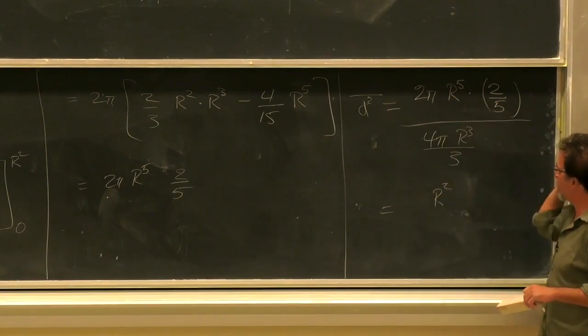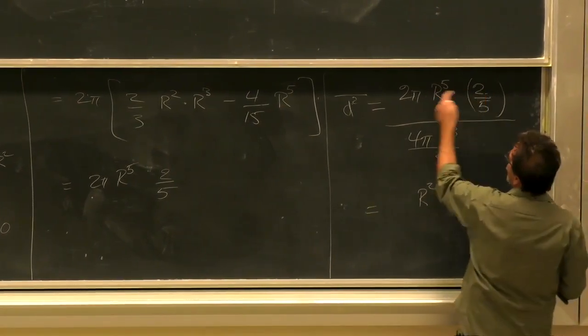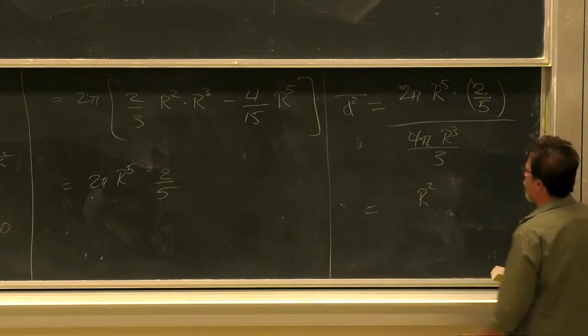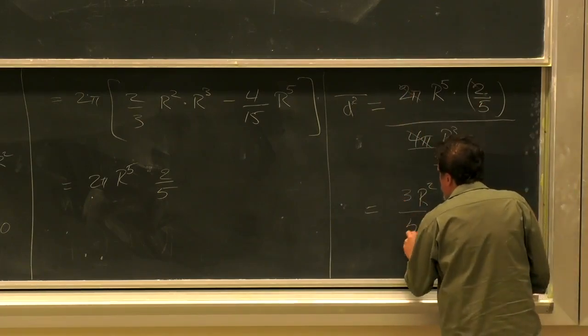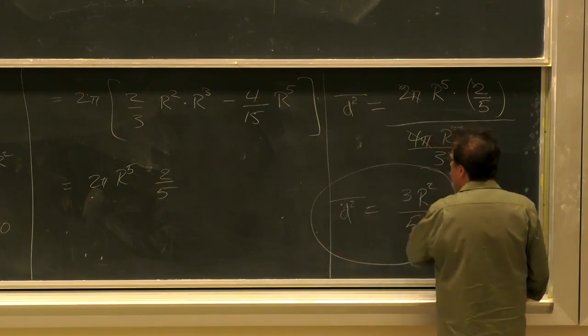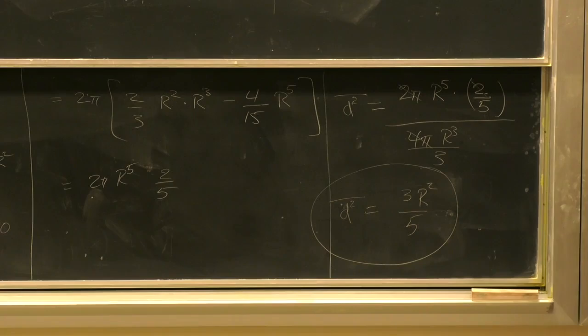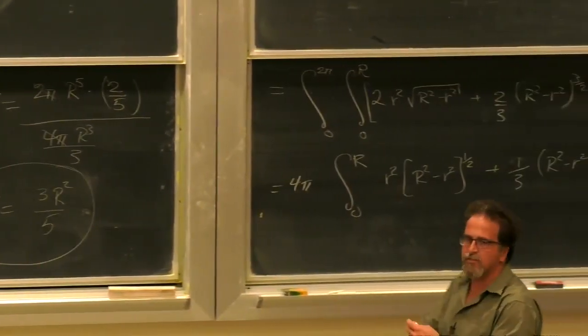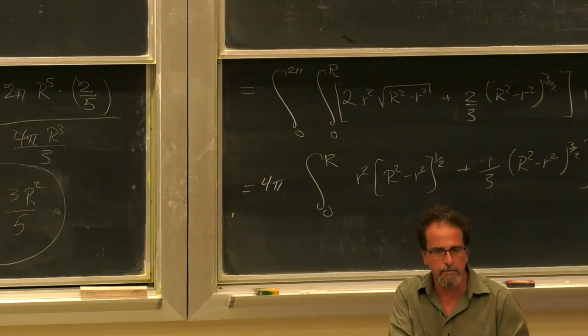R to the fifth over r cubed is r squared. That's good. I've got 4 pi here and 4 pi here. They're going to cancel. And I'm going to be left with 3/5. So the distance squared is 3/5 the radius squared.